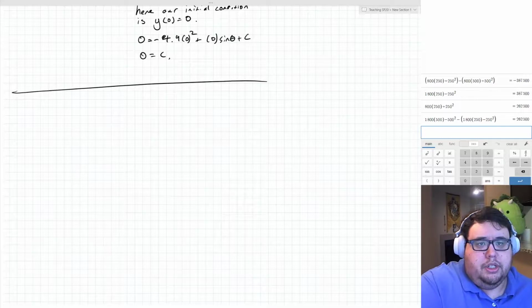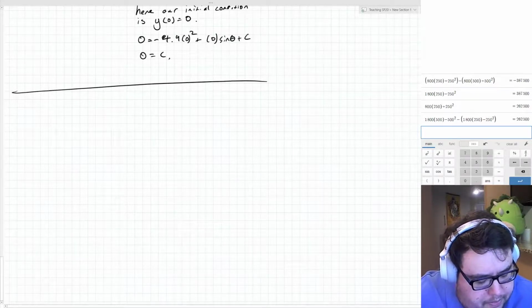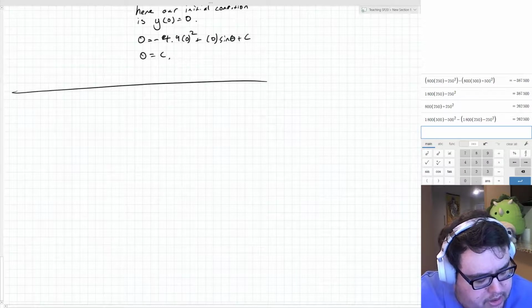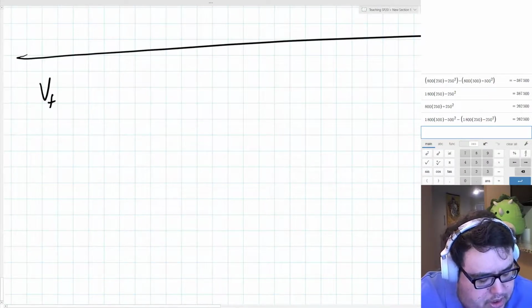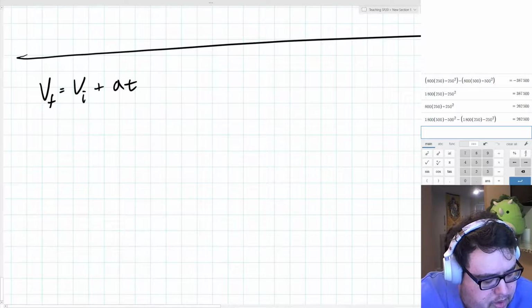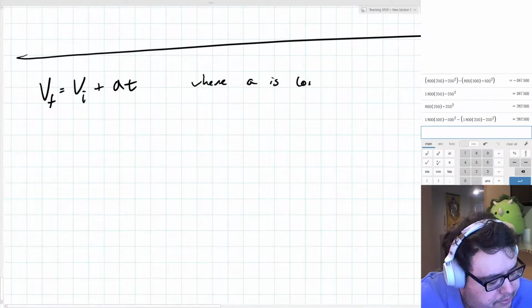The kinematic equations, and two particularly important ones, one of them is that v final is equal to the initial velocity plus acceleration times time, where a is constant.